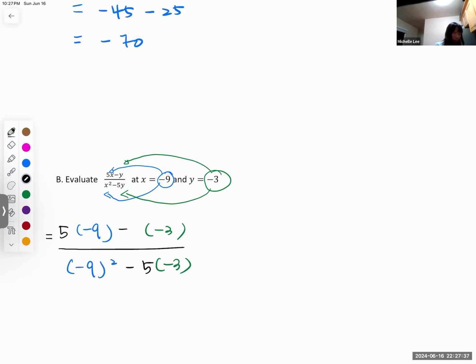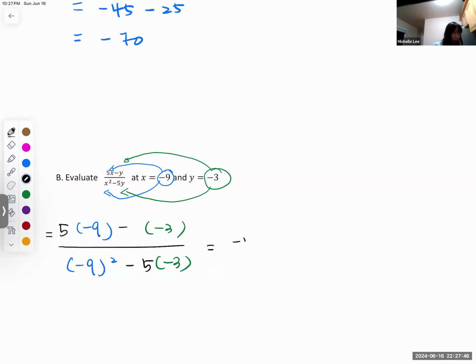Okay, so let's calculate. That will be 5 times negative 9, which is negative 45. And then we have a negative, which is positive. So positive 3, and over, negative 9 squared, which is 81, plus, and then we have a negative, which is positive 15.